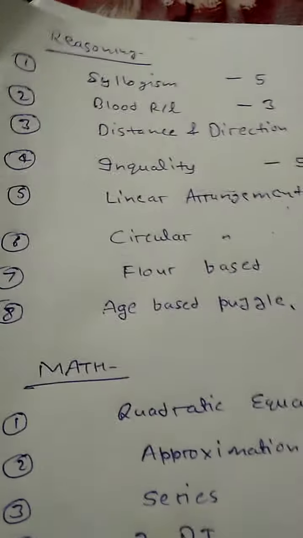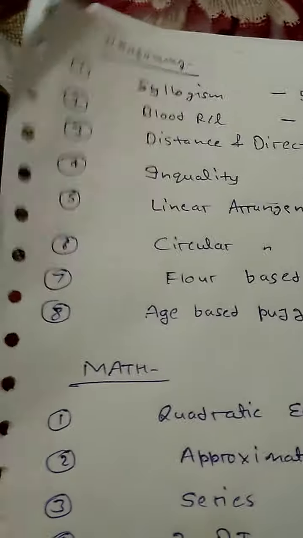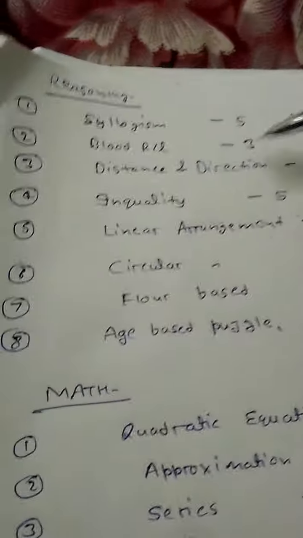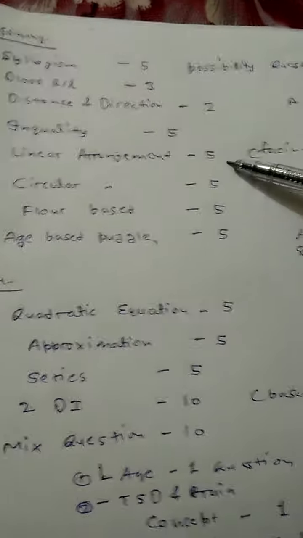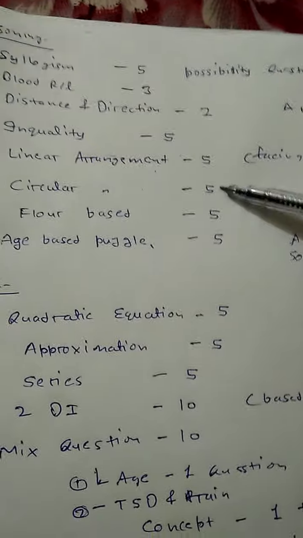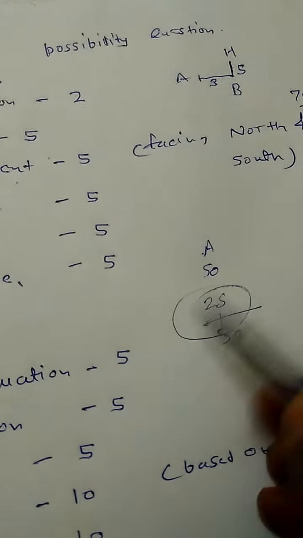If you analyse all the concepts, 5, 3, 5, 2 is 15, plus 20, 25 and 30, you can easily and speedily solve 30 questions within 25 minutes.